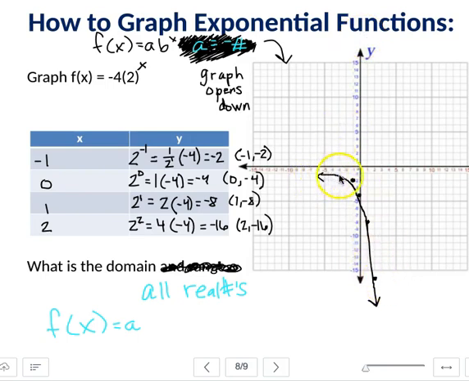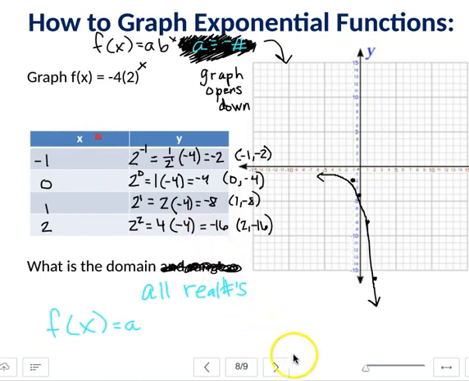But it's so different than a linear function. A linear function is a straight line because the y values are increasing by the same amount each time, whereas with exponential functions, they're being multiplied by the same amount each time. When we multiply, the amount we're increasing or decreasing by is growing exponentially, you can think of it. So that is it.